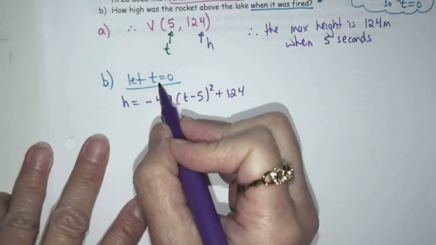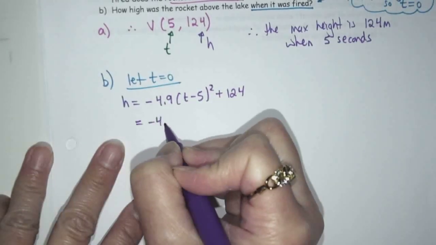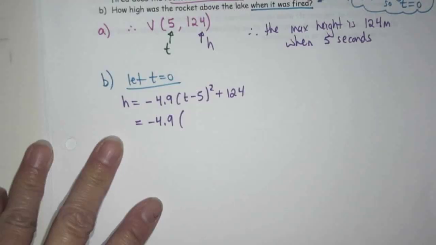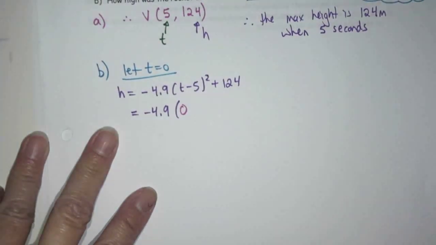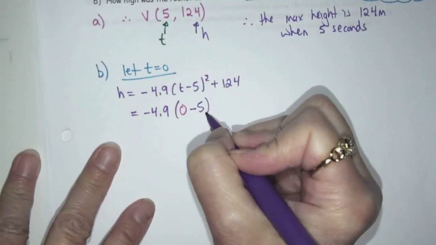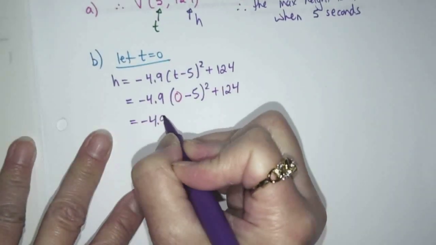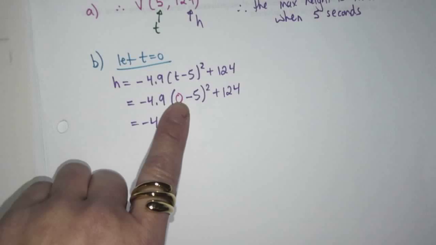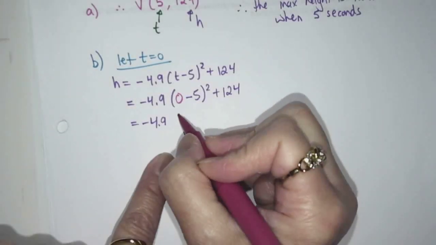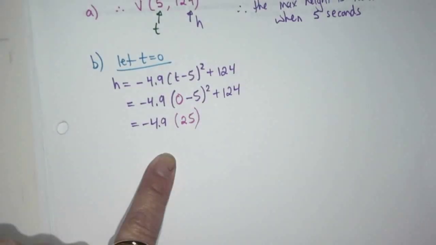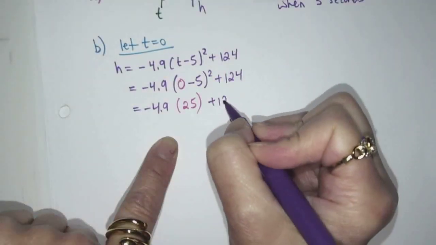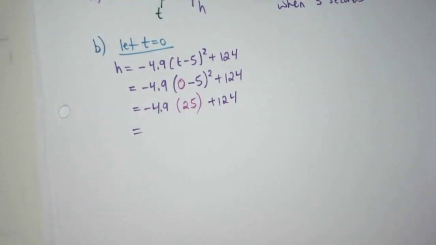So with t equals 0, this would be negative 4.9, and we're going to sub in 0 minus 5 squared plus 124. You keep going, and 0 minus 5 squared is going to get me 25, plus 124, and then we can keep working this out.